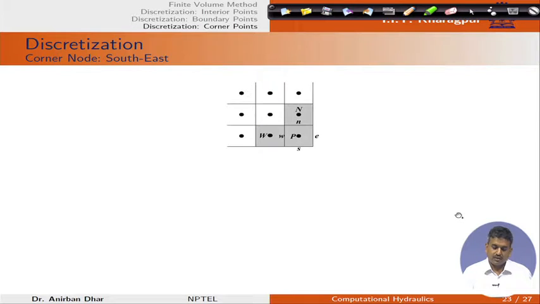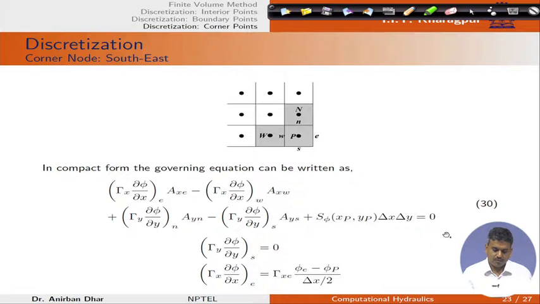Southeast corner, again we have specified, this one is Neumann condition. So, 0 value for derivative at south face, for east face we have derivative available.